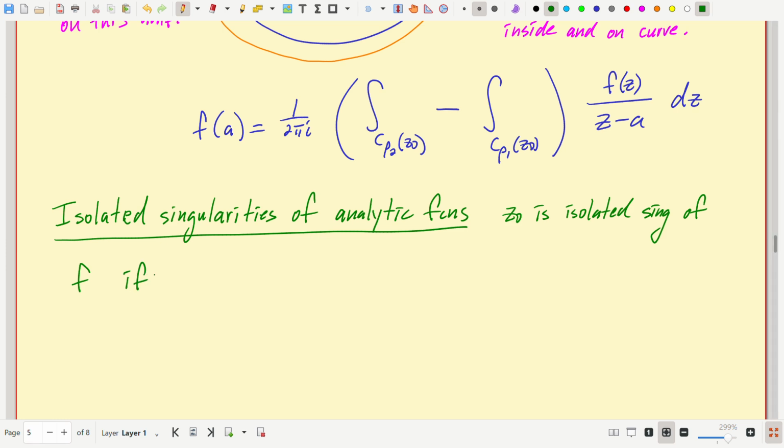if there's some little radius such that f is analytic on a little punctured disk of radius something about Z naught, minus Z naught.